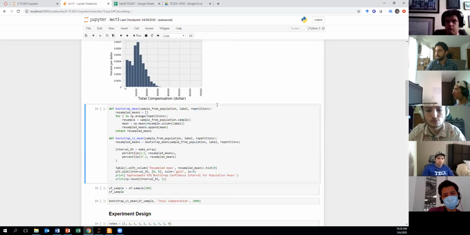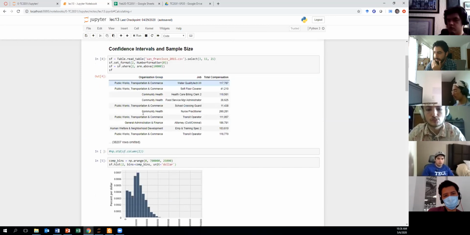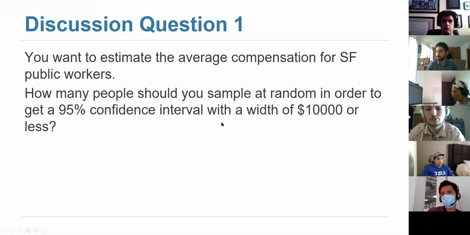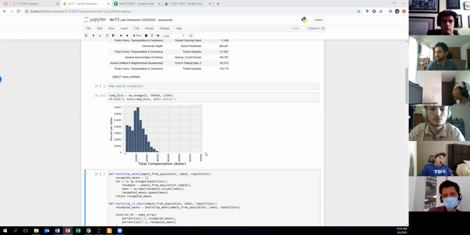So this is all our total population, okay? So the question is this: we want to get this width in our 95% confidence interval.